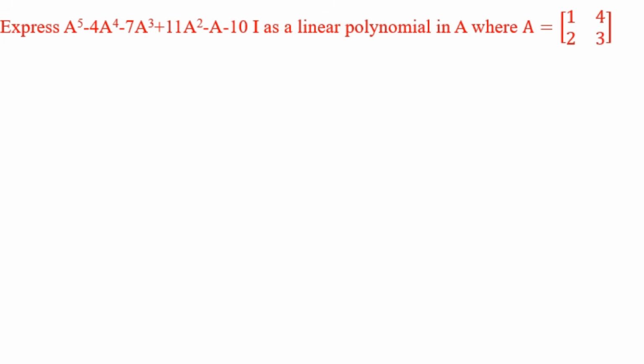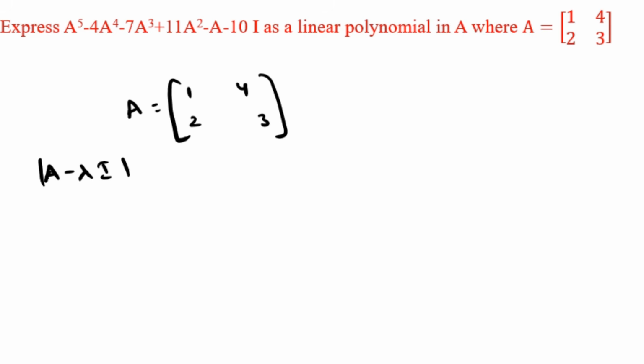Given A = 1, 4; 2, 3. Now from the characteristic equation, determinant of A minus lambda I equals 0.